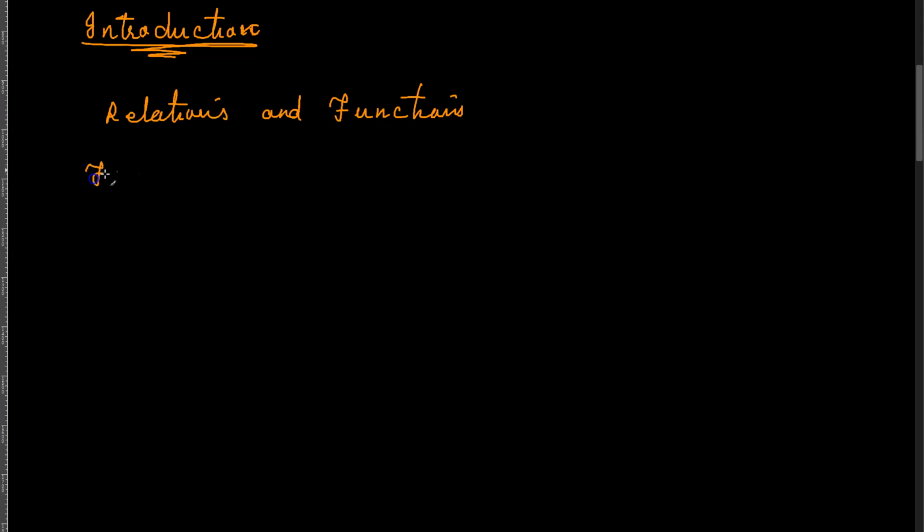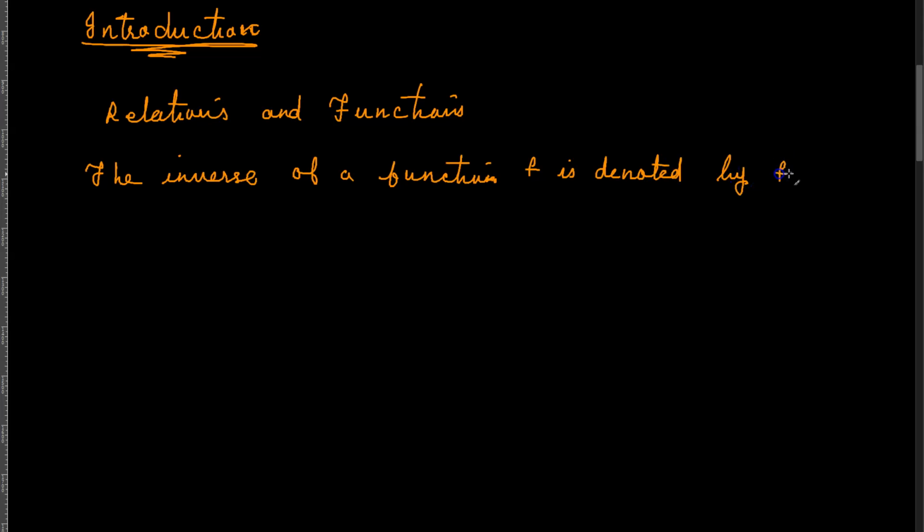We said that the inverse of a function f is denoted by f inverse, and we said that f inverse exists if f is 1-1 and onto.